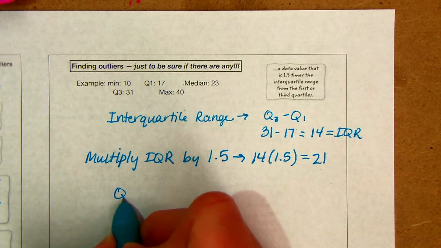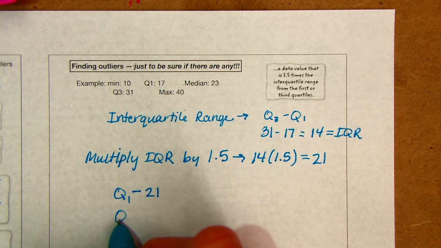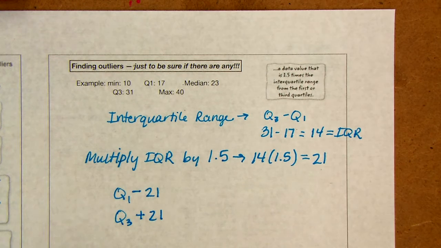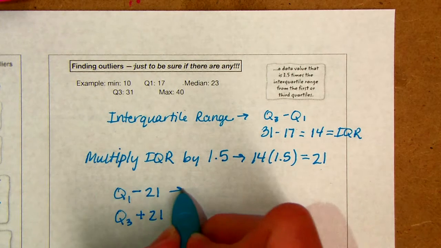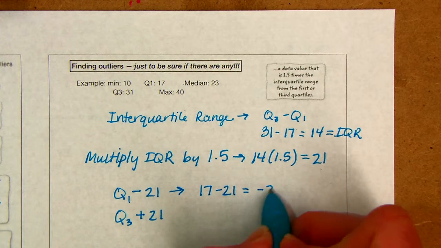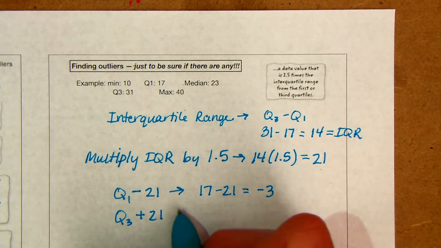Below the first quartile, that would be 17 minus 21. Well, obviously that's a -3. Probably not going to have an outlier below this, but quartile 3 is 31 plus 21, which would be 52.